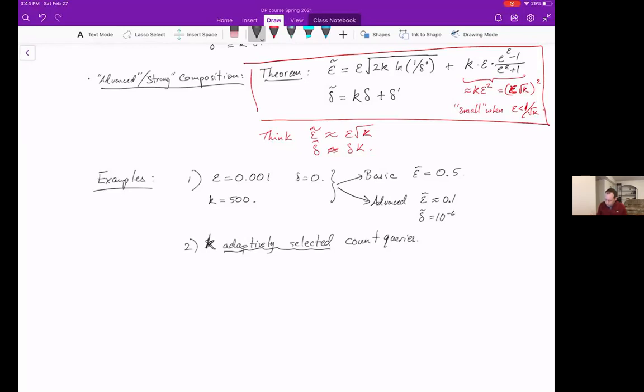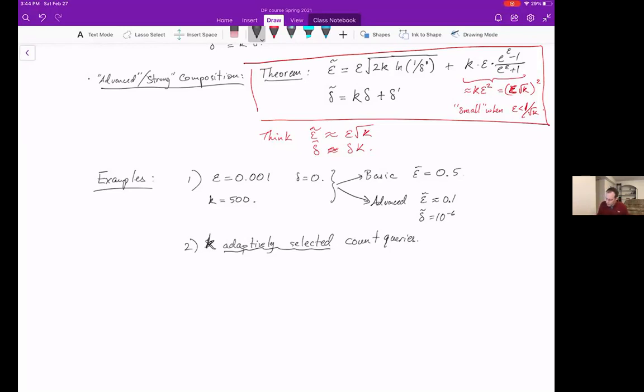So let's think through what we know how to prove if they're selected adaptively. So if these count queries are chosen online, based on the answers to previous count queries, like imagine an analyst who's working with a Python notebook asking queries one at a time.